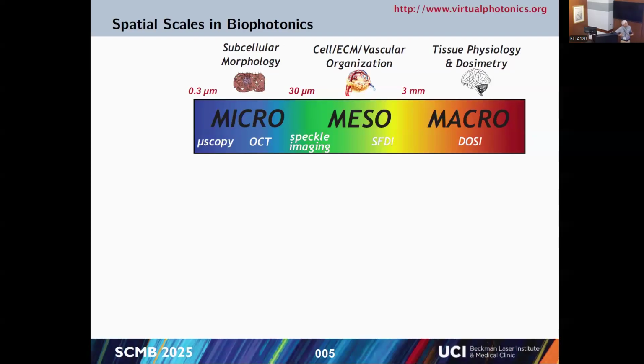And so you lose resolution, but you gain in potential information because the optical path lengths allow you to become sensitive to the absorption of biomolecules. And so there are techniques such as SFDI, spatial frequency domain imaging, which allows you to look at moderate depths, several millimeters, with resolutions on the order of 100, 200 microns.